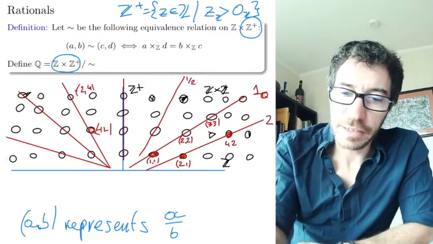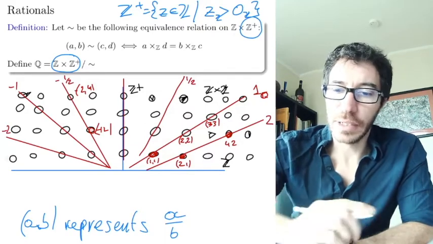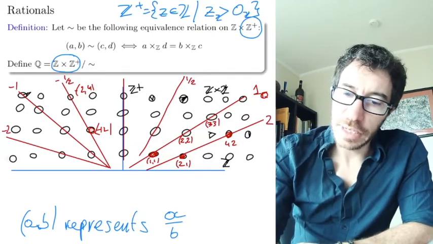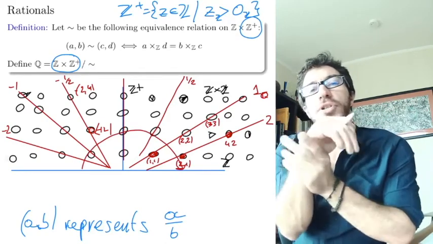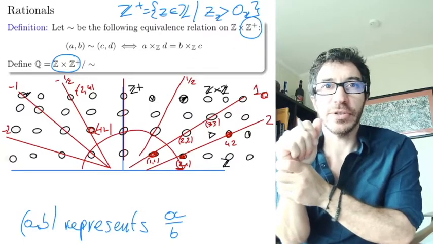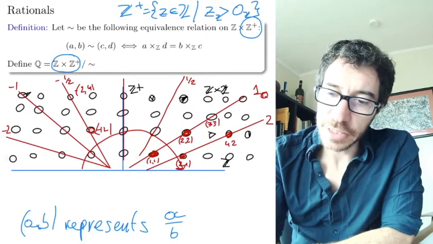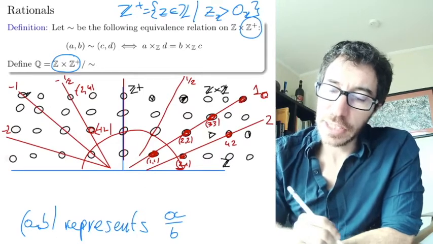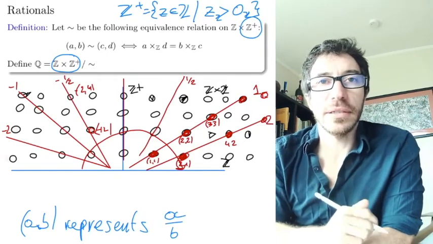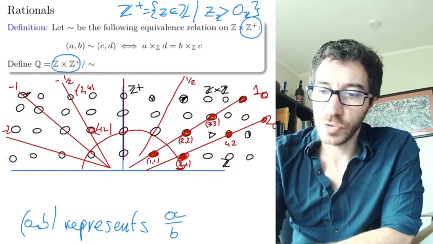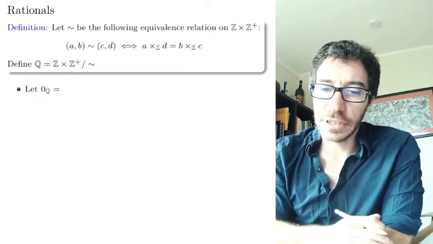This one is going to be 1/2, negative 1/2, negative 1, negative 2, and as you go up in a circle like this through all the different slopes, you're getting all the possible rationals. So each rational here is a whole equivalence class. A set that contains all these guys is going to be the number 1, and a set that contains all these guys is going to be the rational number 2. That's how we got the rationals with an equivalence relation.